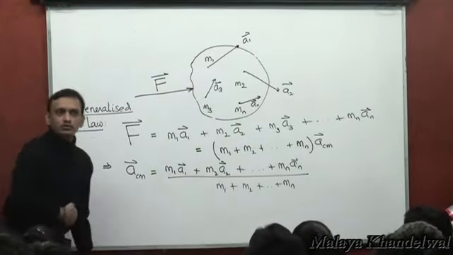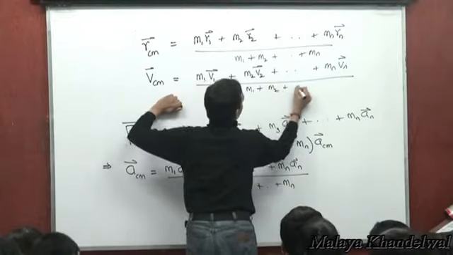That's (m1v1 + m2v2 + ... + mnvn) divided by (m1 + m2 + ... + mn).